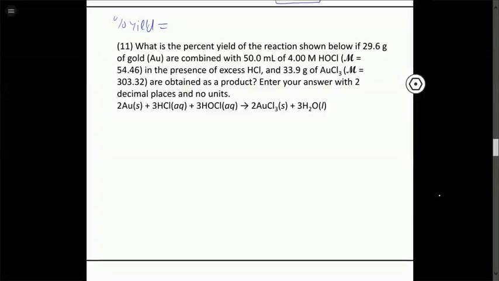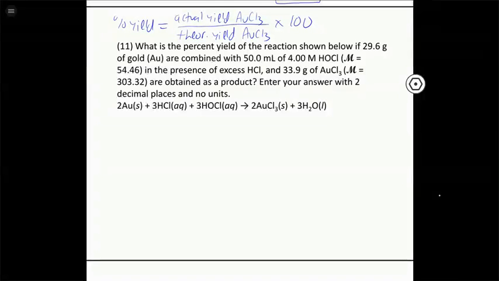And we're given the mass of gold chloride that forms, AuCl3, so we need the actual yield of AuCl3 divided by the theoretical yield times 100. So we need both of those numbers to be able to calculate percent yield.